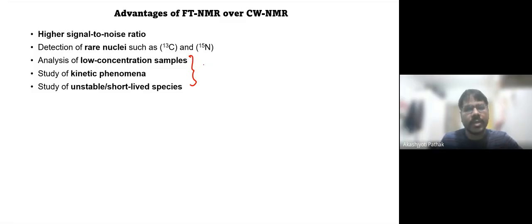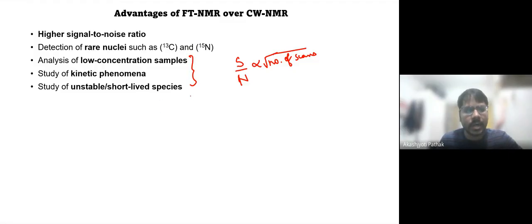We can do several scans. As we increase the number of scans, the signal to noise ratio can be improved; it is proportional to the square root of the number of scans. We have understood this concept also. And we can also study kinetic phenomena.